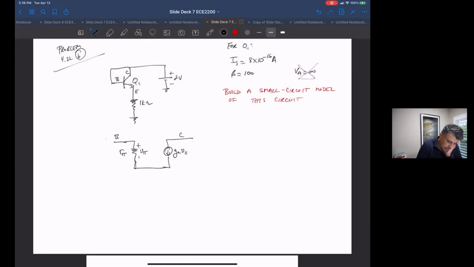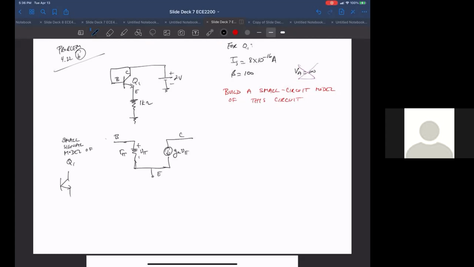This is G sub M, V sub pi. And there is the emitter. So that's a bipolar. This is the small signal model of Q1.